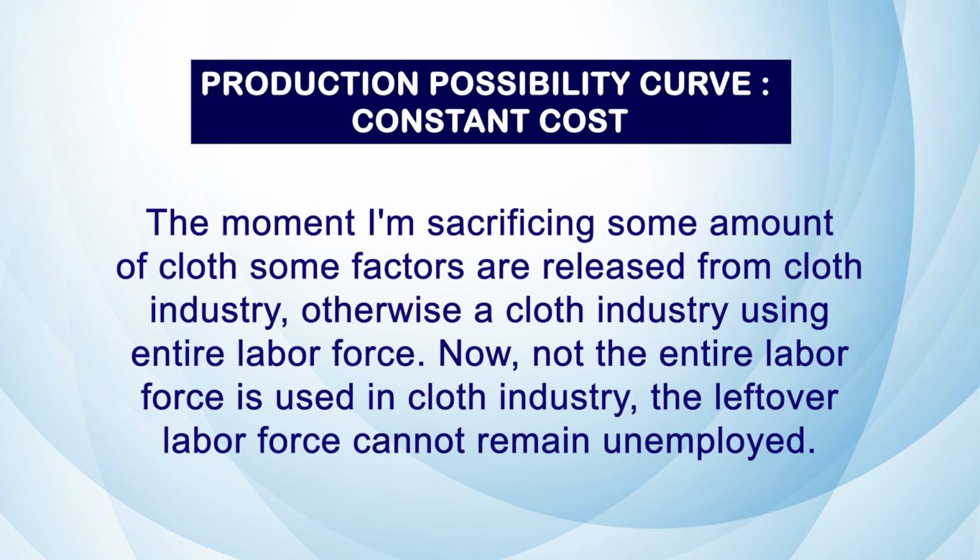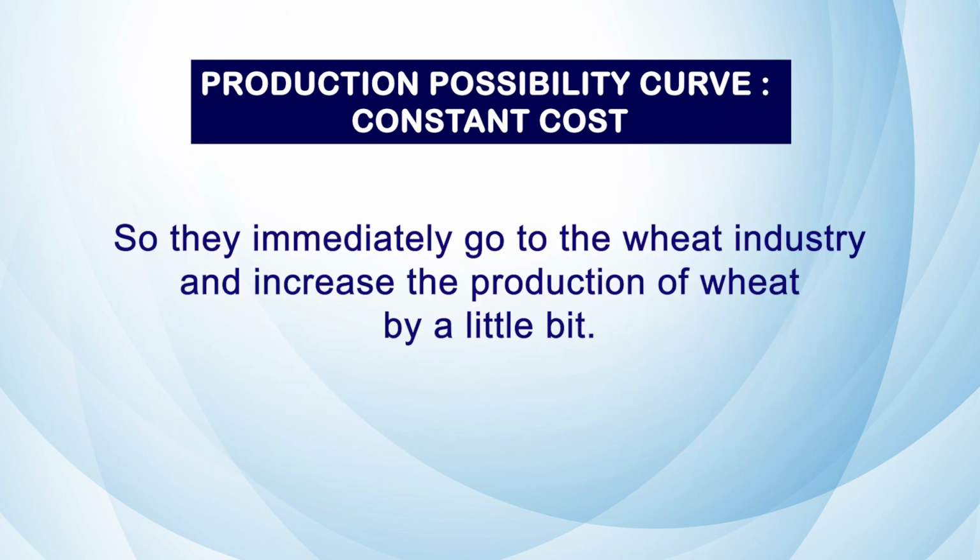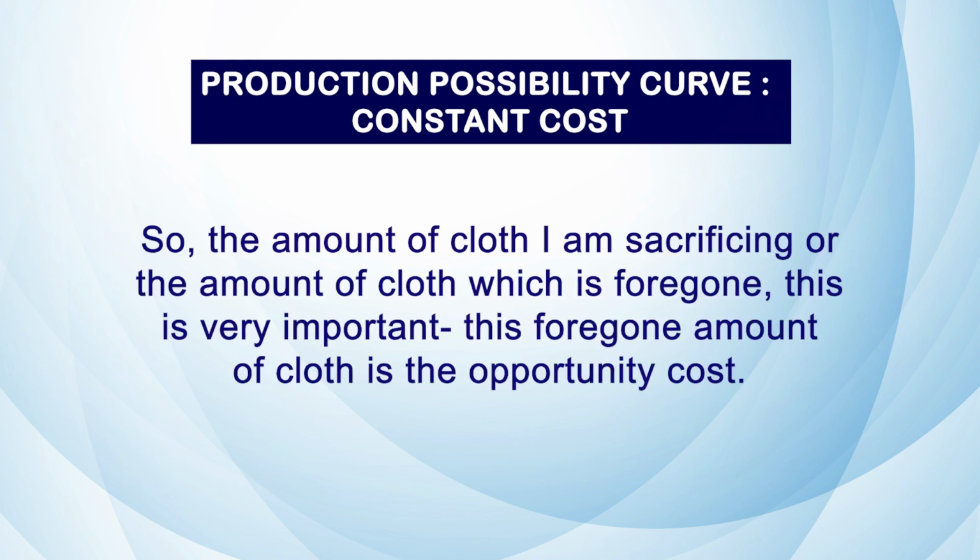Otherwise, the cloth industry was using the entire labor force. Now, not the entire labor force is used in the cloth industry. The leftover labor force cannot remain unemployed, so they immediately go to the wheat industry and increase the production of wheat by a little bit. So the amount of cloth I am sacrificing, or the amount of cloth which is foregone, this is very important. This foregone amount of cloth is the opportunity cost.